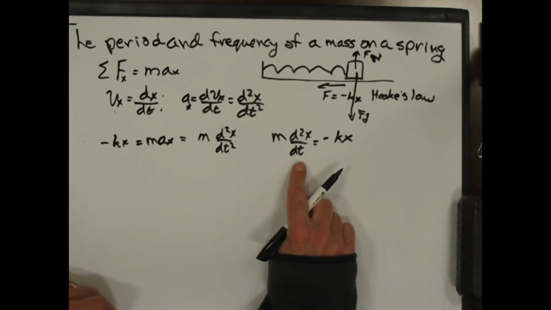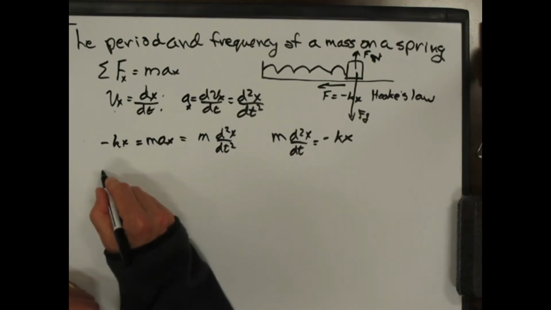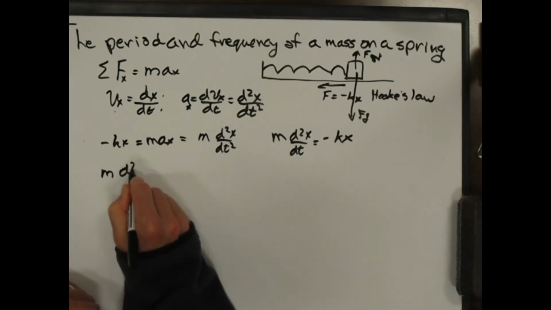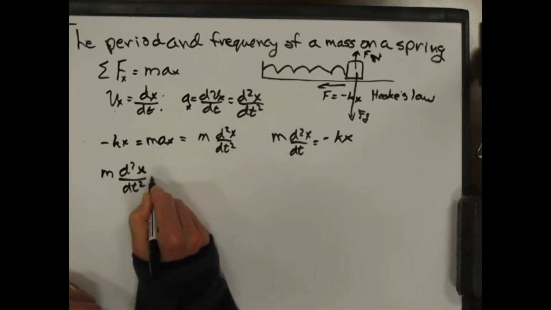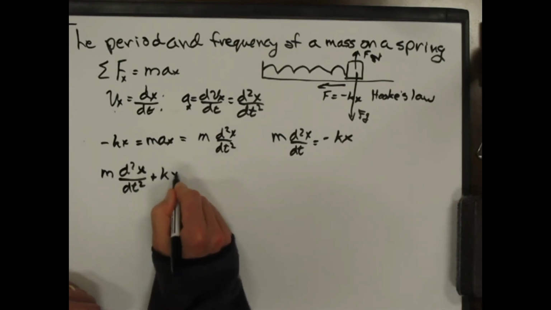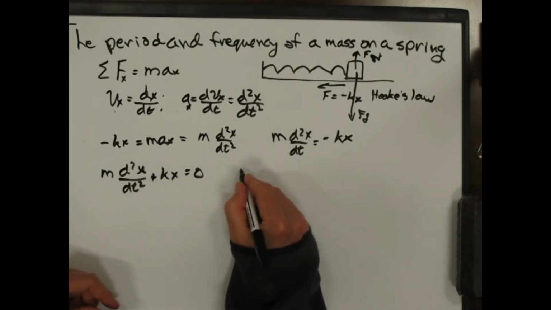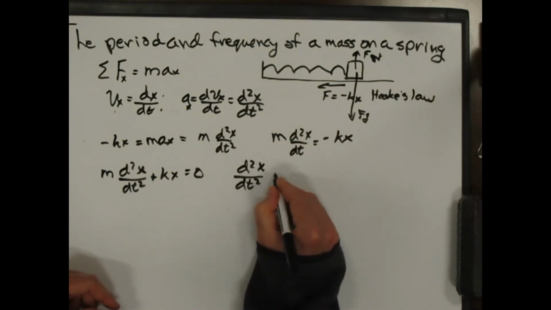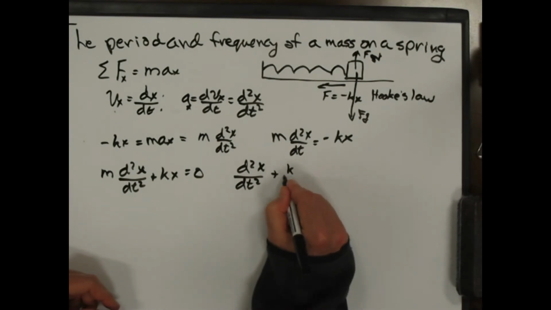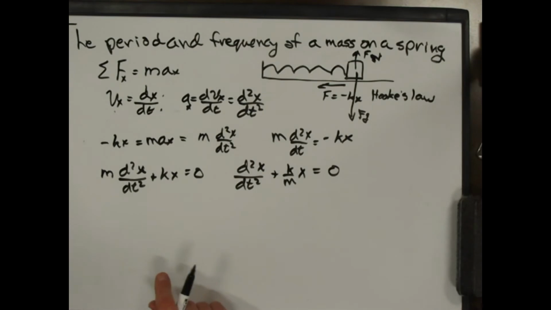And so we can put both terms on one side and say m times d squared x over dt squared plus kx is equal to 0. And we can divide through by m just to simplify it a little bit, and say d squared x over dt squared plus k over m times x is equal to 0.